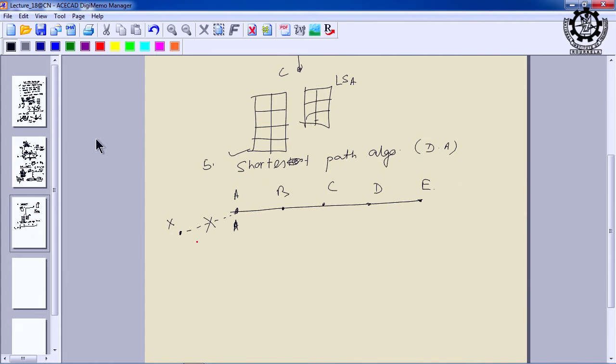And what happened in that case? All the nodes tried to increase the cost in their routing tables, and ultimately they could not reach X, but somehow they increased their number of hops, and that was the count to infinity problem. Now tell me how link state can stop this.